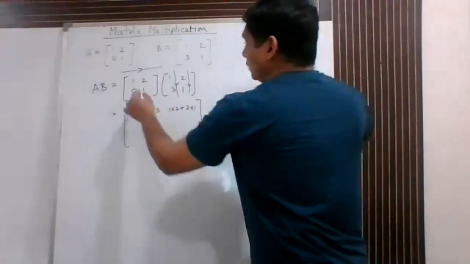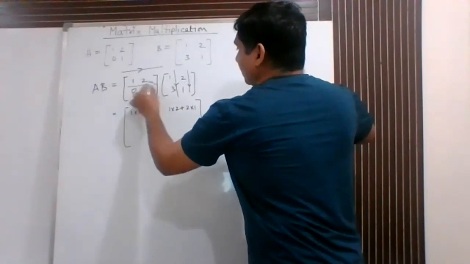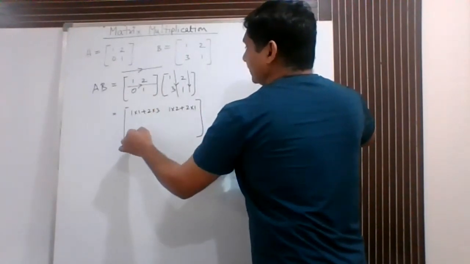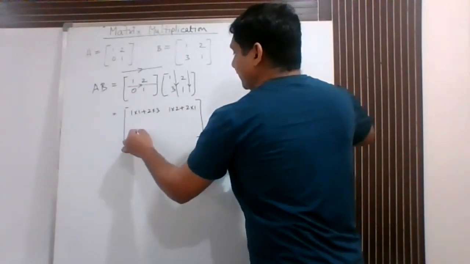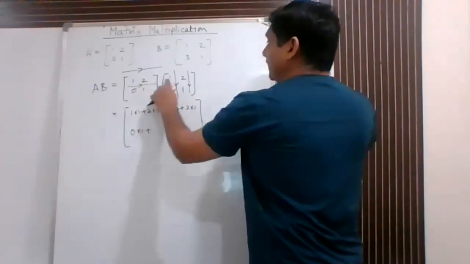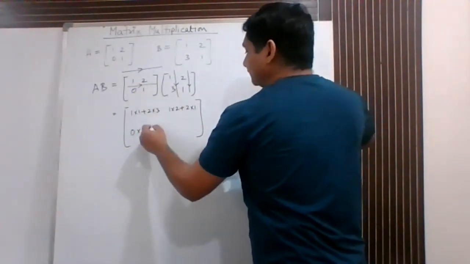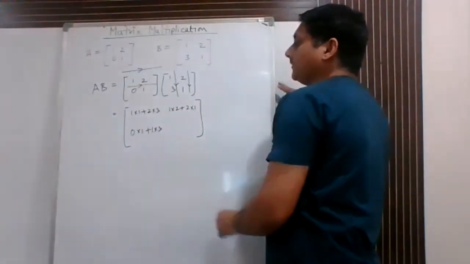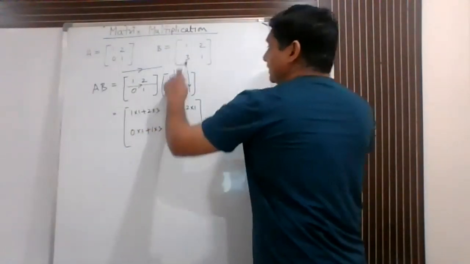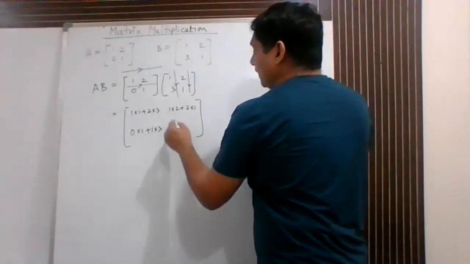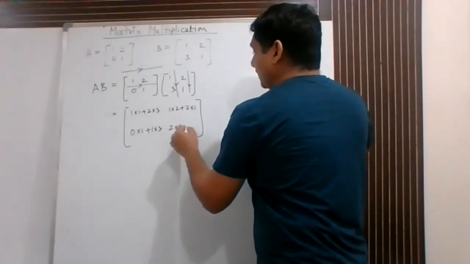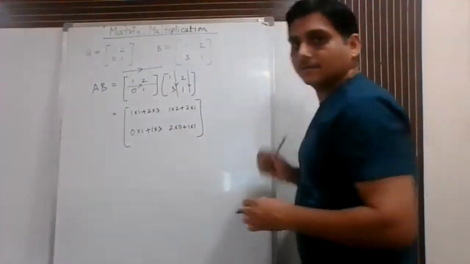Now here we have to fill this entry. So 0 into 1 plus 1 into 3. Next, fix this as it is and move to this one. So it will be 0 into 2 plus 1 into 1.